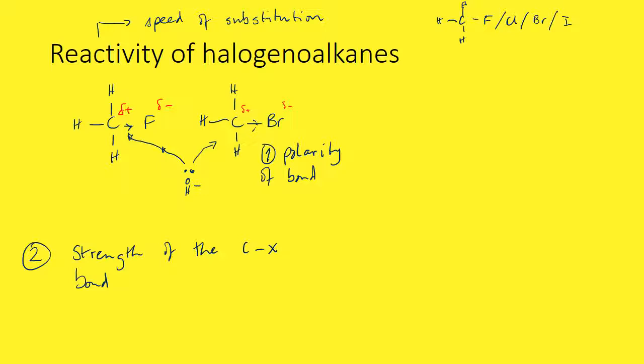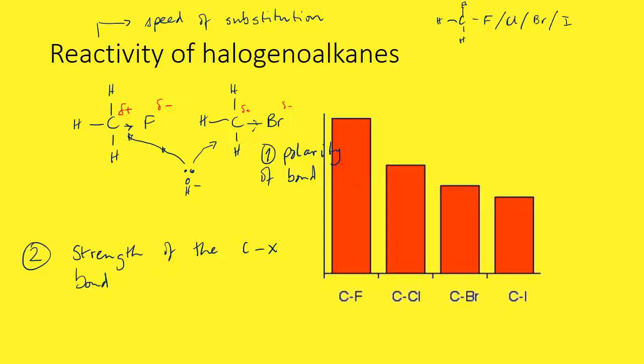So let's have a look at the bond enthalpies of those carbon halogen bonds. Here we have a chart here. So our carbon fluorine bond, if this is our bond enthalpy on the y-axis, so this is the strongest bond, and our carbon-bromine bond and carbon-iodine bond is our weakest.